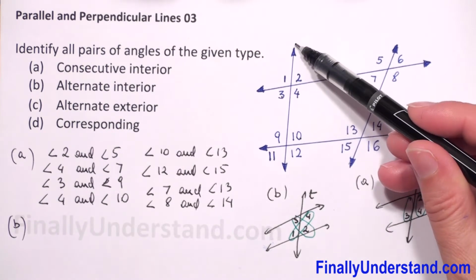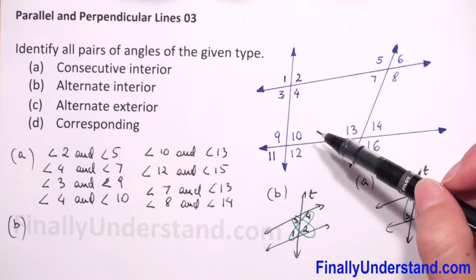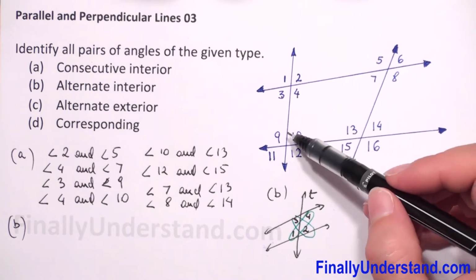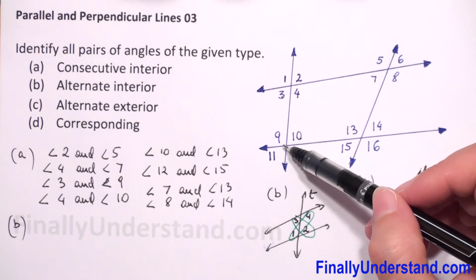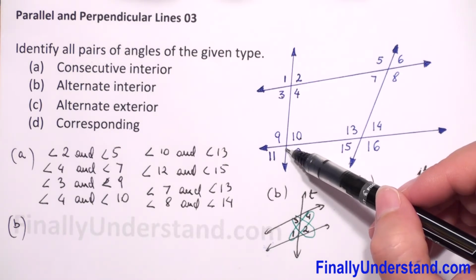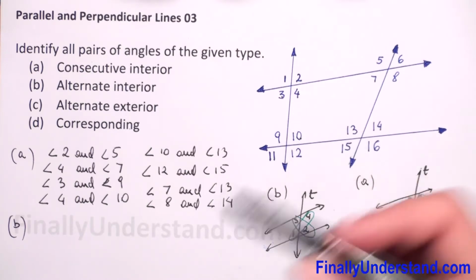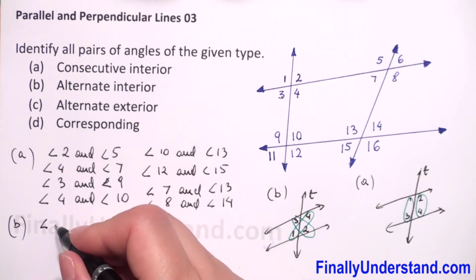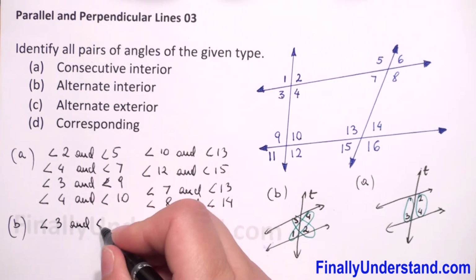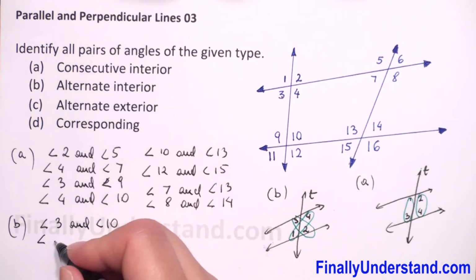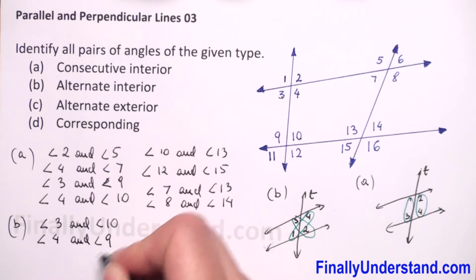So if now this line will be our transversal, the alternate interior angles will be between these two lines and on opposite sides of the transversal. So we have 9, 4, 3, 10. So we can write first angle 3 and angle 10, angle 4 and angle 9.